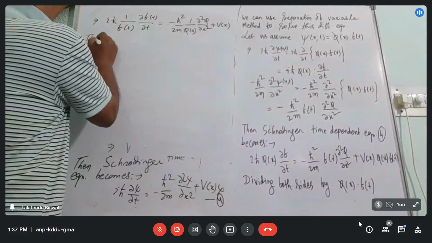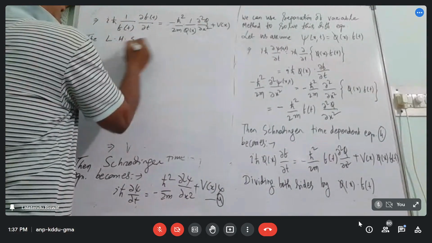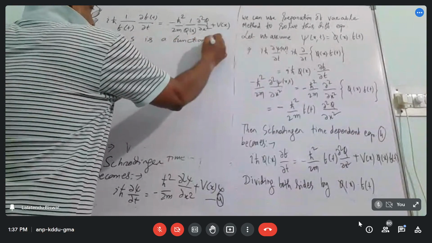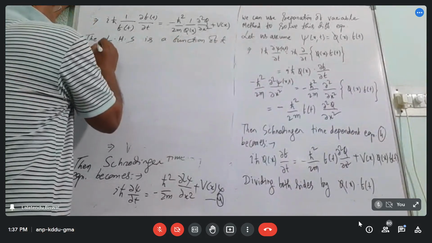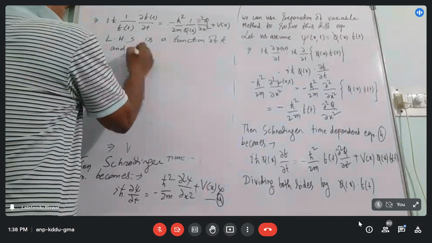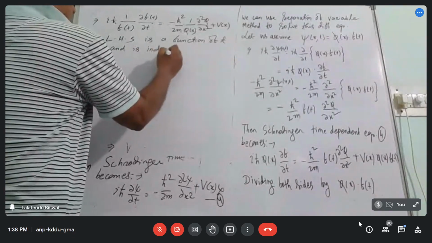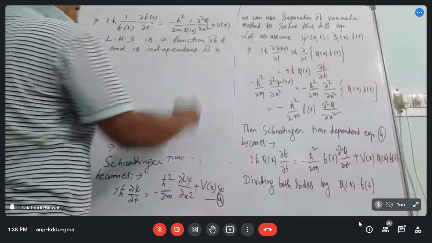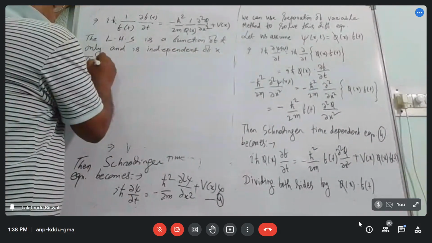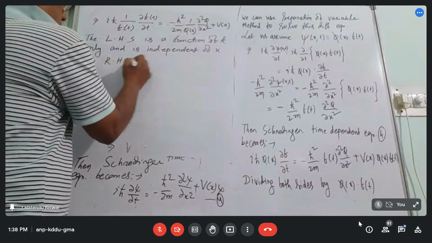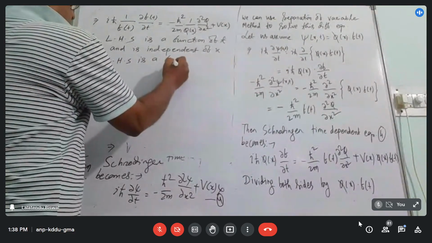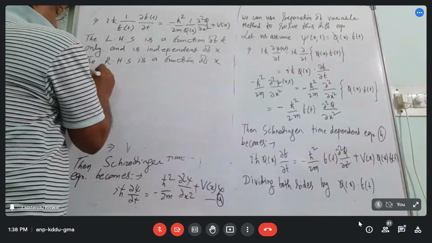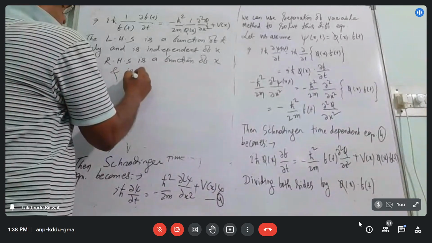The LHS is a function of t only and is independent of x. The RHS is a function of x only and is independent of t.